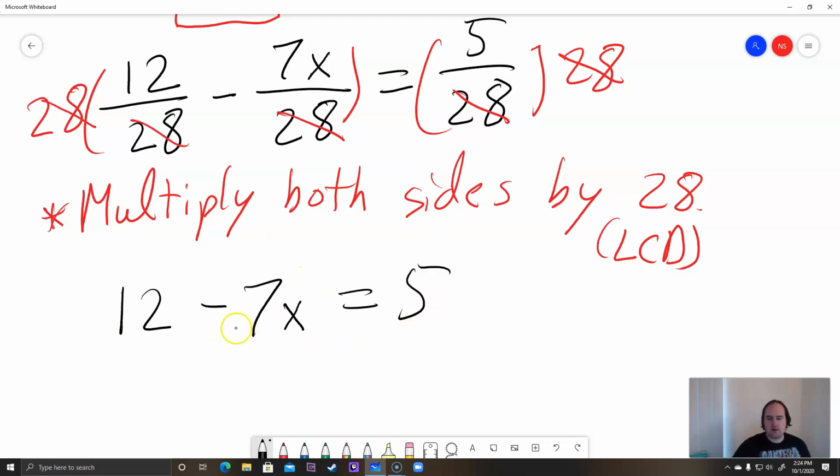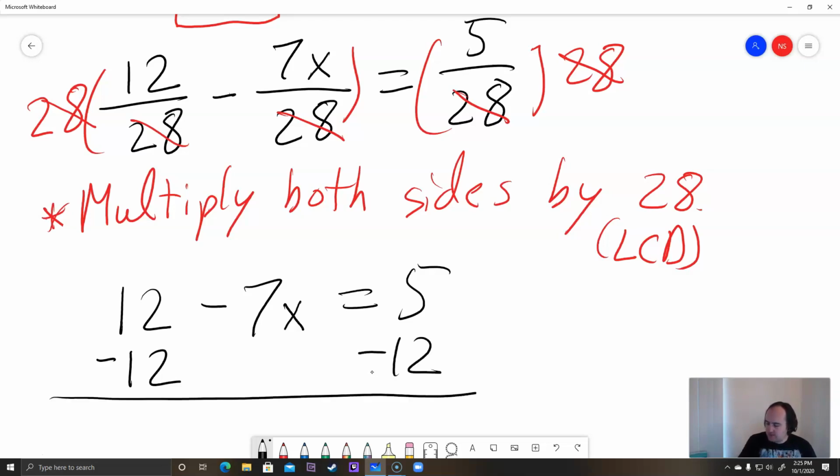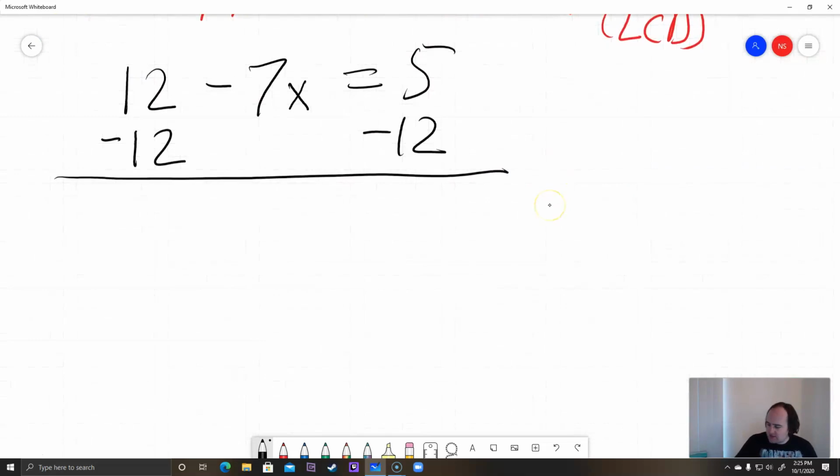So what we can do here is we can subtract 12 from both sides. Okay, so we're trying to isolate x on the left side. So to get rid of the positive 12, we're going to subtract 12 from both sides. Okay, so that's going to give us negative 7x equals 5 minus 12, which is negative 7. And then we can divide both sides by negative 7.